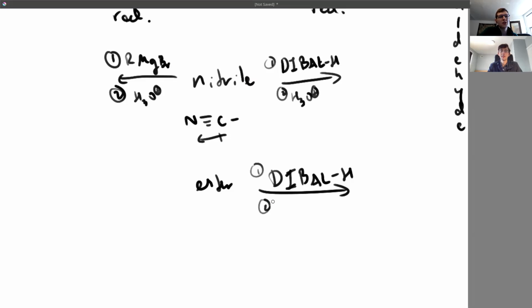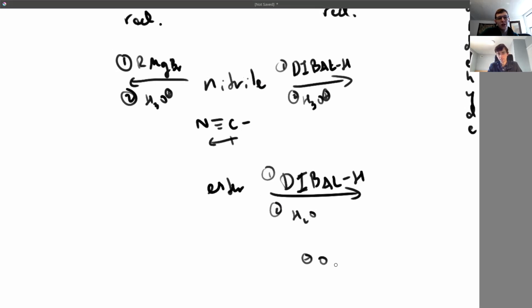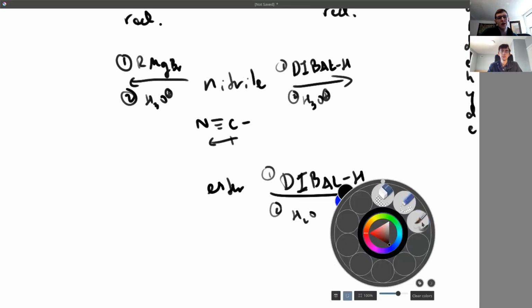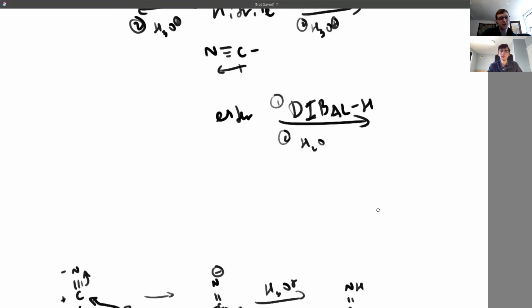Yeah, that makes sense, because at the end of the day you'll wind up with an O minus, since you have to get rid of that part of the ester as your leaving group, and you want to neutralize that somehow. So having some kind of aqueous workup is not a bad idea. Okay. Cool.